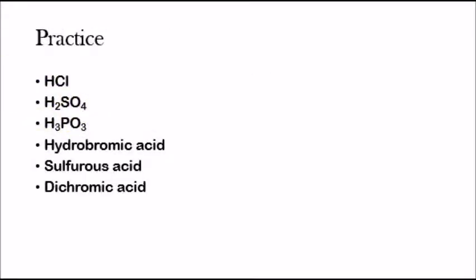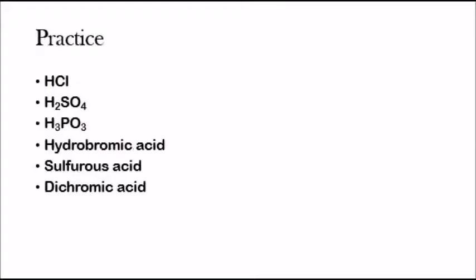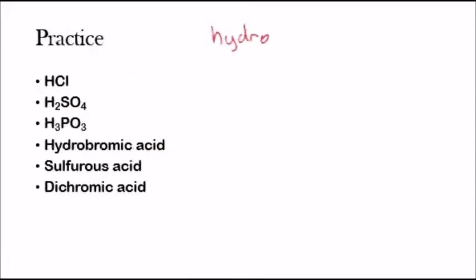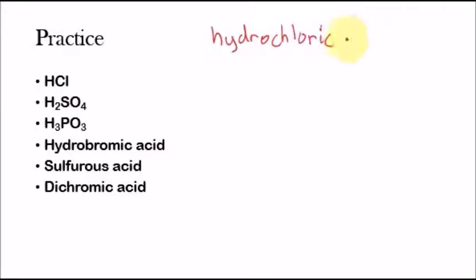The way we name this binary acid is we write hydro for H, and then we write the nonmetal with an ic ending. So we have chlorine, so we write chloric, and then we write the word acid. So that's pretty simple.